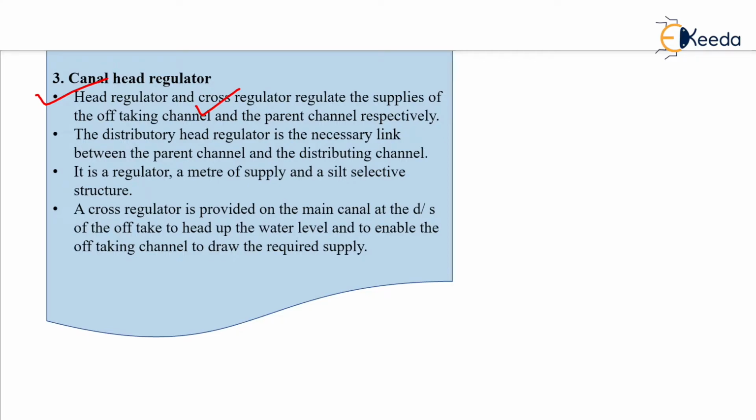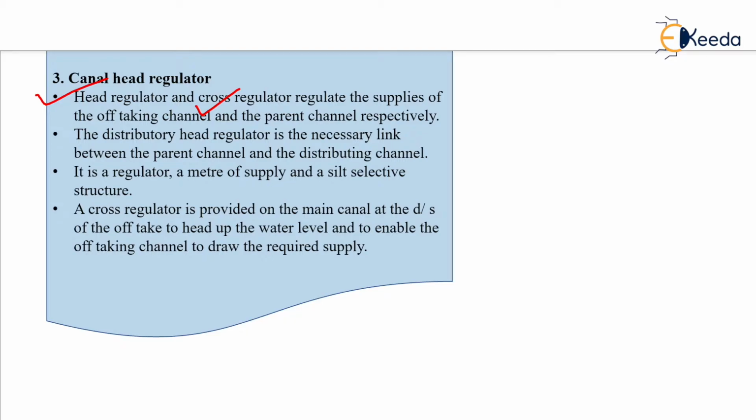Both regulators serve the same main function: they regulate the supplies of the off-taking channel and the parent channel respectively. That means the head regulator regulates the supplies of the off-taking channel and the cross regulator regulates the supplies of the parent channel. I will show you the diagram in the next slide.